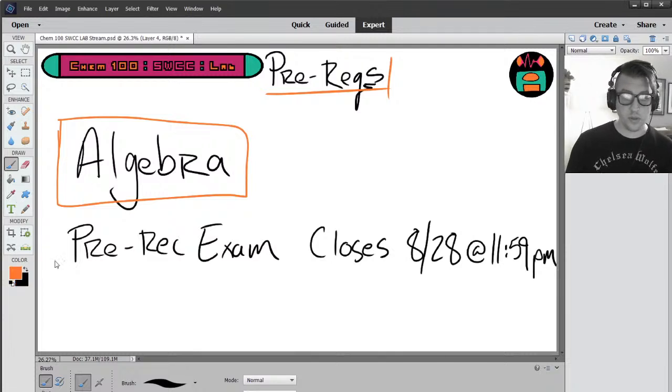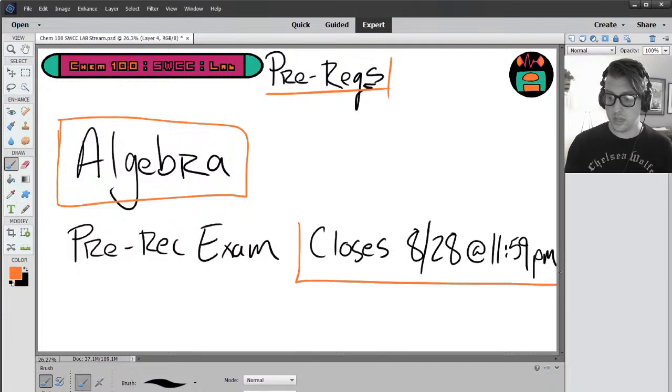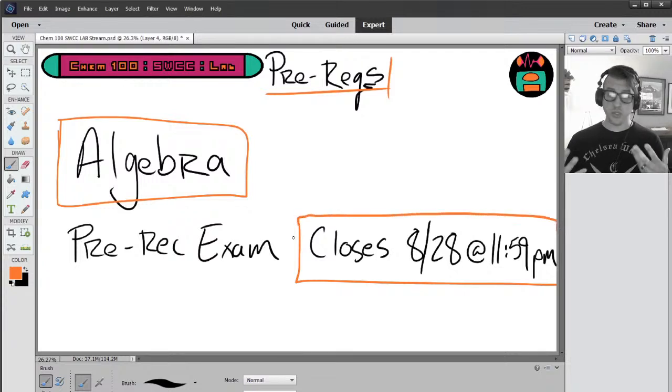So this is basically here as an early warning system to you. If you are solid with algebra, if you've got a good foundation, this is not going to be a difficult exam. If you struggle, if you are kind of weaker algebraically, this is going to give you kind of an early indication of what you need to practice and where you need to practice.